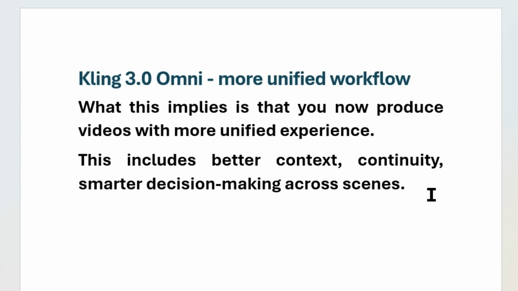So you're going to have a seamless journey in this version of Kling. Unlike what some AI video tools give you out there, this one gives you a seamless journey as you go, and everything is coherent.